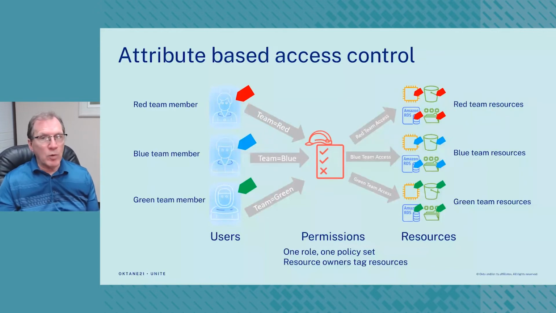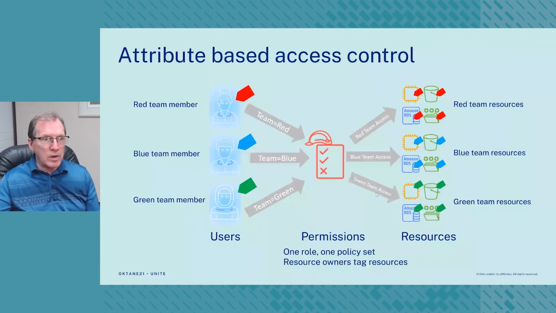If one team has more resources, they just tag them to grant access, rather than updating the policies to add in those additional resources. And if you added a purple team tomorrow, then you just tag the people and the resources accordingly, and make sure that the purple team members all have access to the same roles.